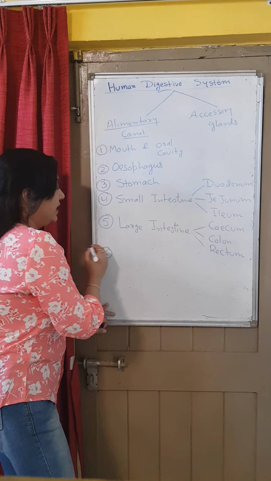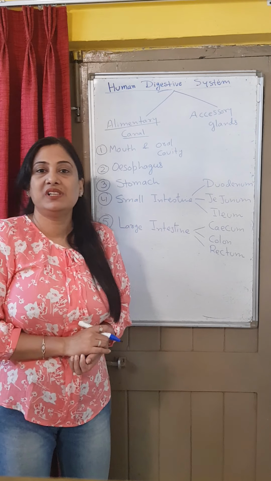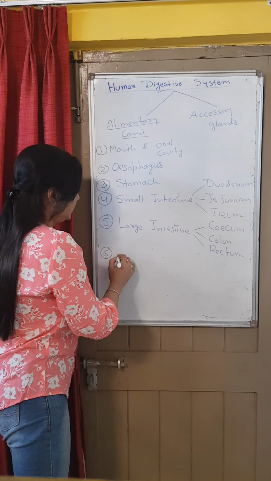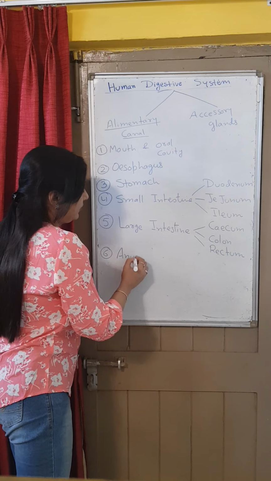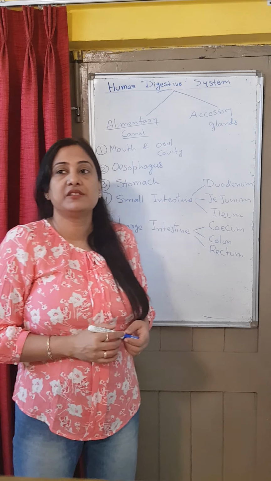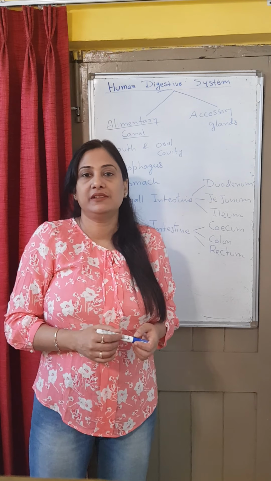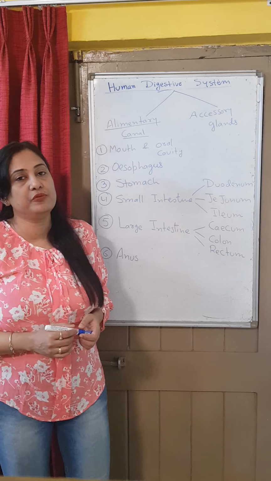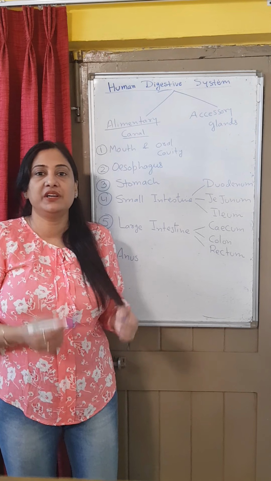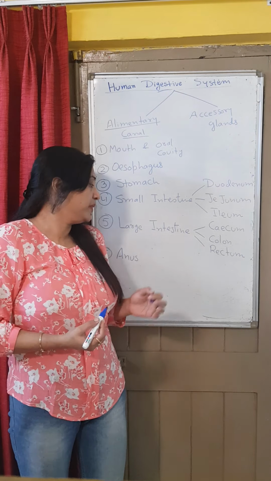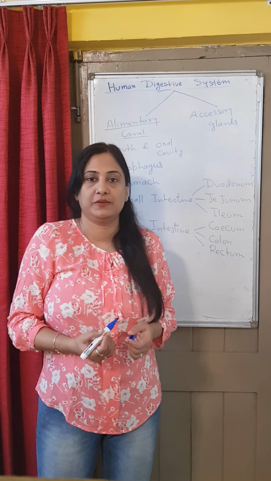Large intestine ends into an opening called anus. Anus is a ring of sphincter muscle that regulates the exit of food from the body, that is undigested food.